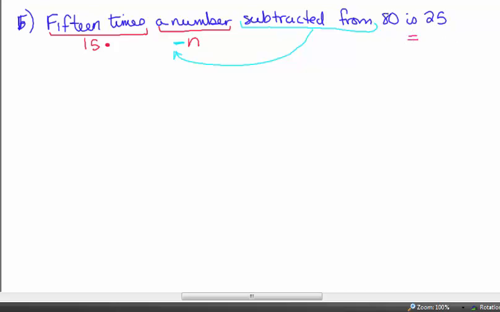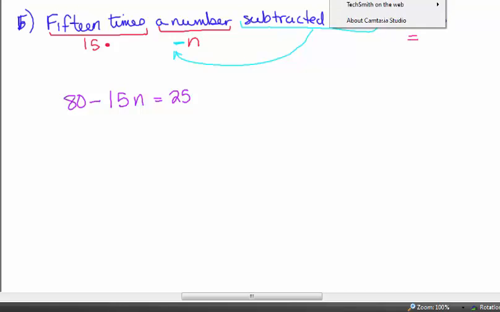Is means equal. So when we translate this, we get 15 times a number subtracted from 80 equals 25. And I guess I shouldn't have put that subtraction in front. It's 15 times a number, so let's come in and erase that real quickly. Oops, sorry.